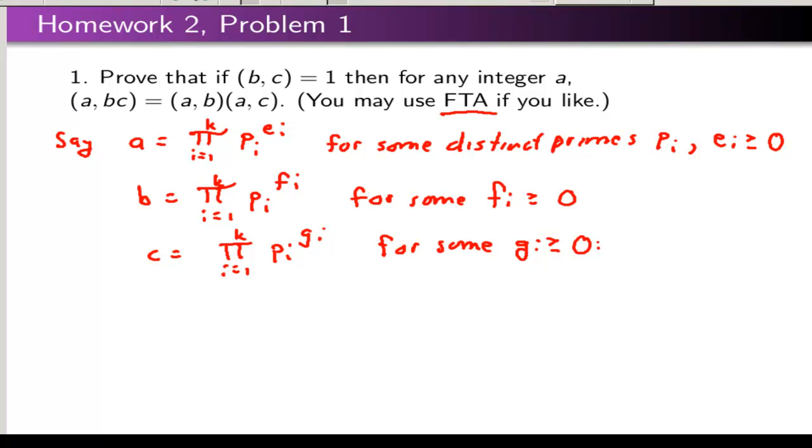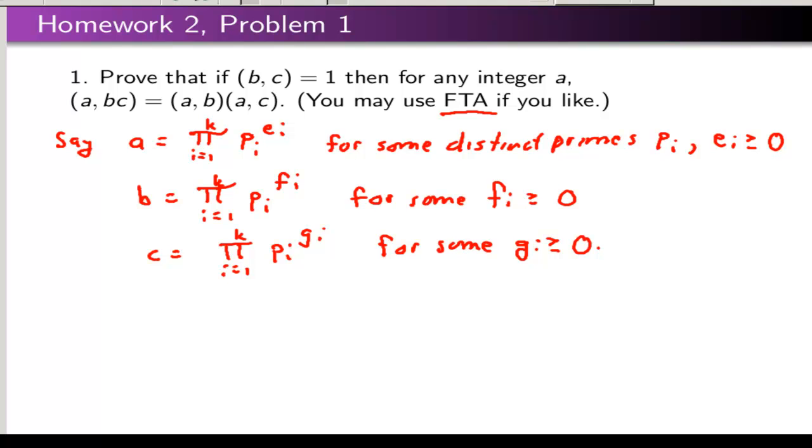So why can I use the same primes, since obviously a, b, and c don't have the same prime factors? In fact, b and c are relatively prime. Well, we can do that because I'm allowing the exponents to be 0. It's just a convenient trick for writing proofs to throw in zeros for primes that don't occur in the factorization.